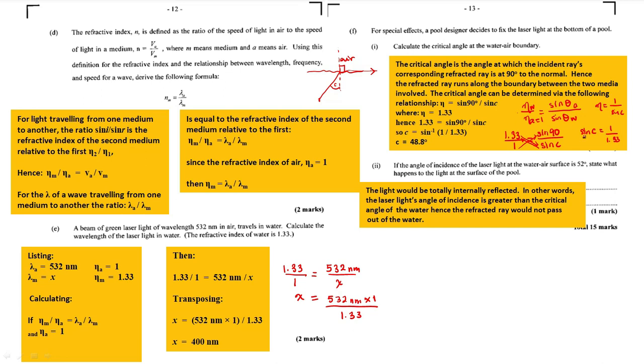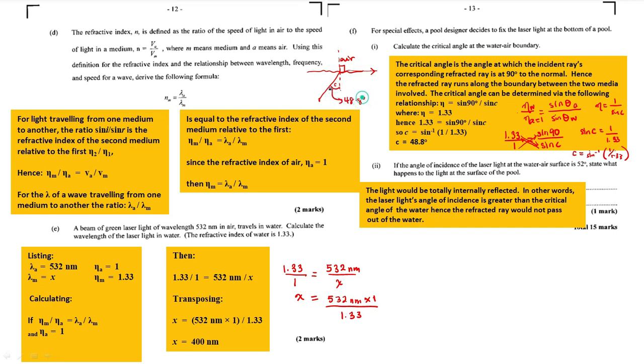Once you calculate 1 divided by 1.33, you do the inverse of sine, which is what you see here. So C will be equal to the inverse of sine of 1 over 1.33, and you get 48.8 degrees. So the critical angle will be 48.8 degrees.